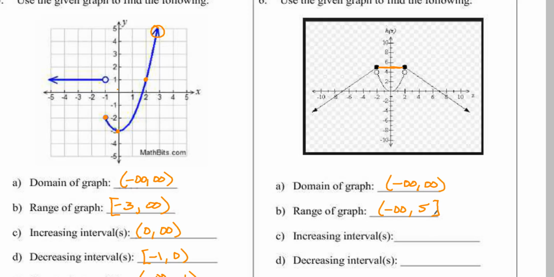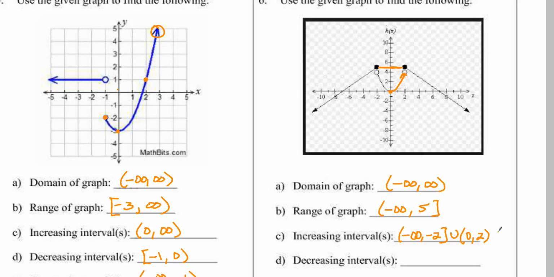Increasing intervals. So the graph is increasing from negative infinity up until negative 2. Union. It's also increasing from 0 until positive 2, and that's it.